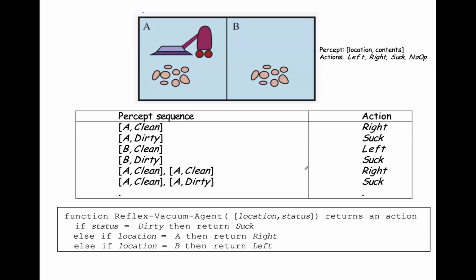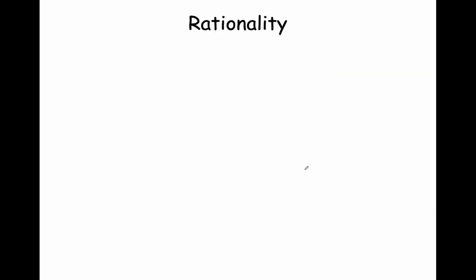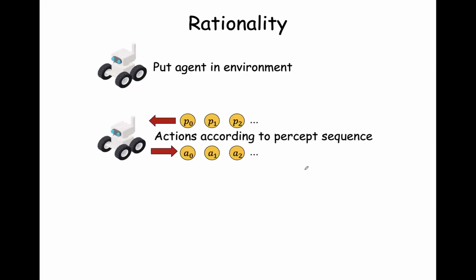Okay. Any questions? No. So let's look more at rationality. You have an agent, you situate it in the environment, and it selects actions according to a percept sequence. I didn't know how to put a figure about any possible subset of percepts, so I just did that. So you select your actions based on percept sequence, which you got a little taste of with this reflex agent.